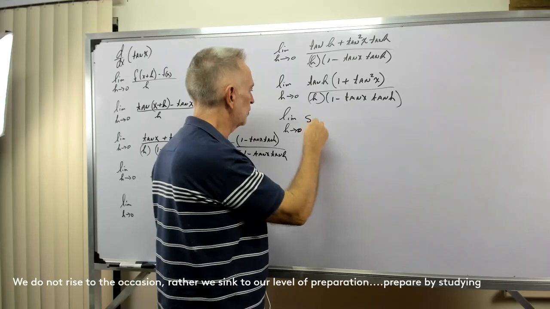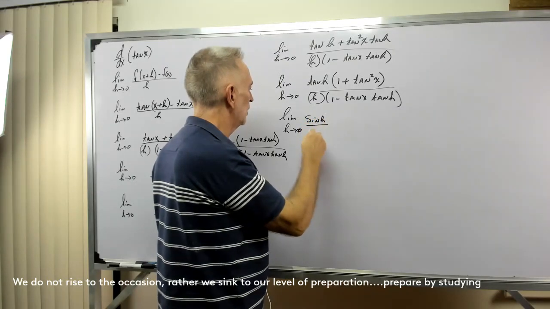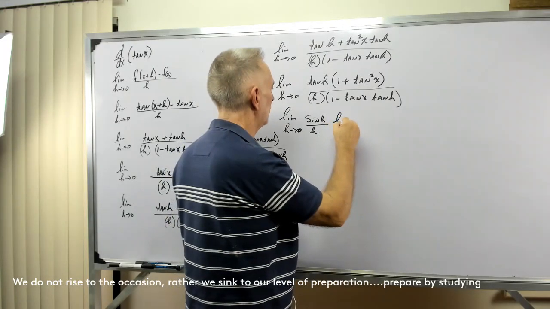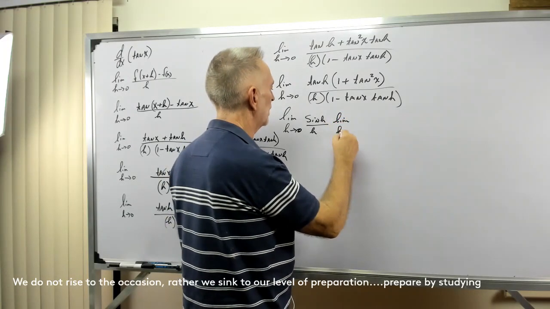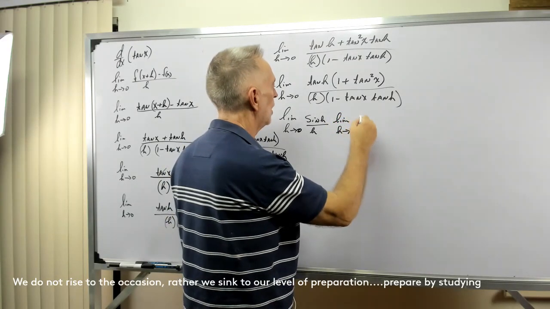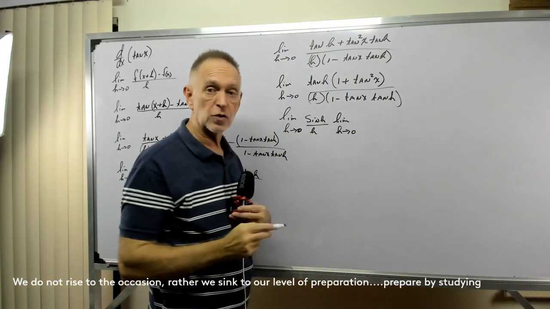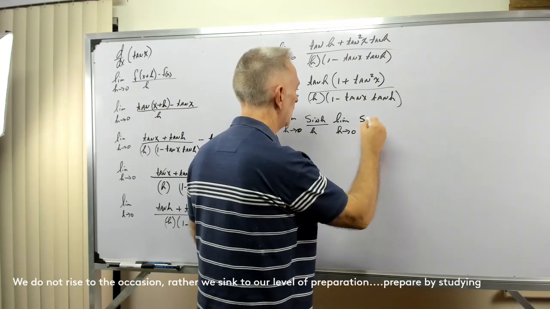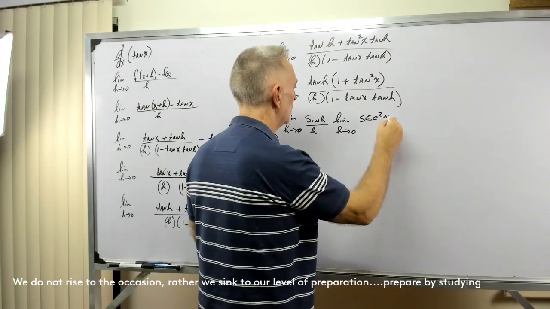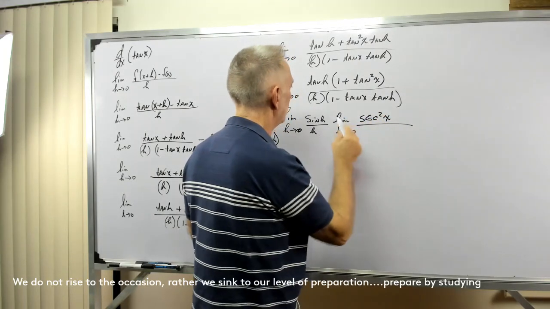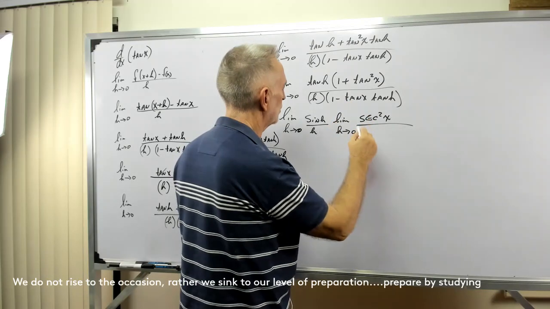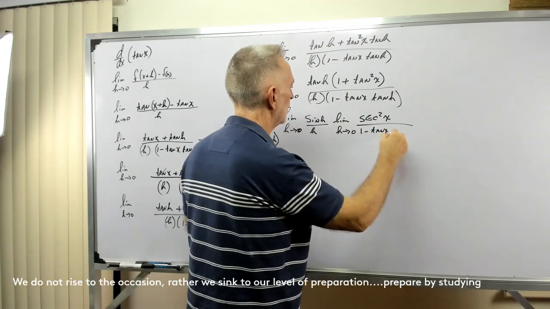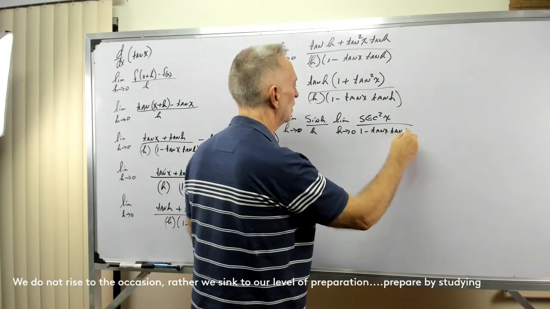So let me take sine h over h, pull that out to itself, and multiply that by the limit as h approaches 0 of 1 plus tangent squared x, which is secant squared x, divided by this term, 1 minus tangent x tangent h.